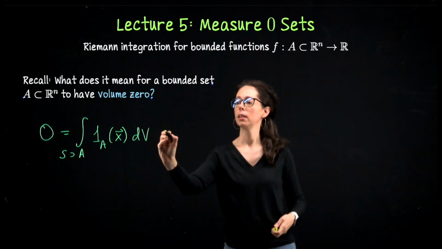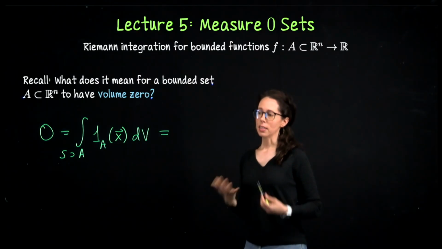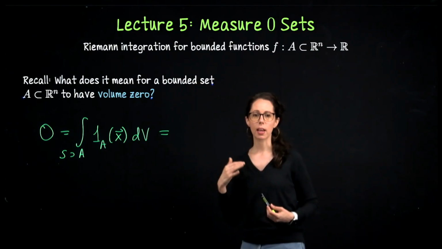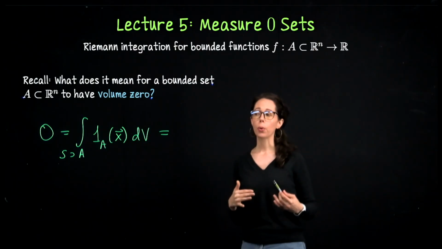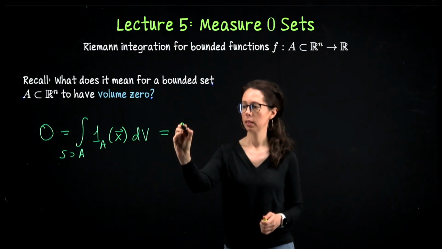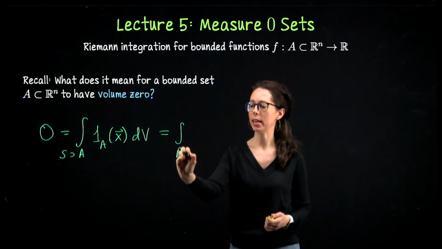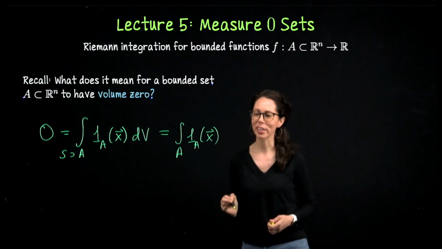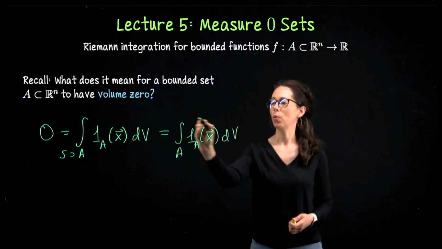However, since we know that the characteristic function of A is Riemann integrable, that means that its upper integral and lower integral both have the value of zero, and I want to focus on the upper integral. So I'll write 1_A integrated against the volume form.